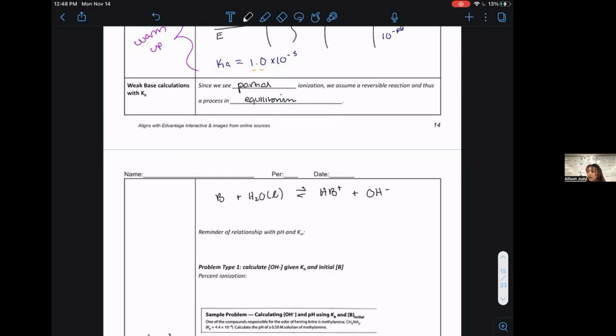That's our general format. You can then write the Kb expression, Kb, which is equal to the concentration of HB plus, because it's been protonated, times the concentration of OH minus ion, all over B. And of course, raised to your stoichiometric coefficients, but generally it's a 1 proton transfer.